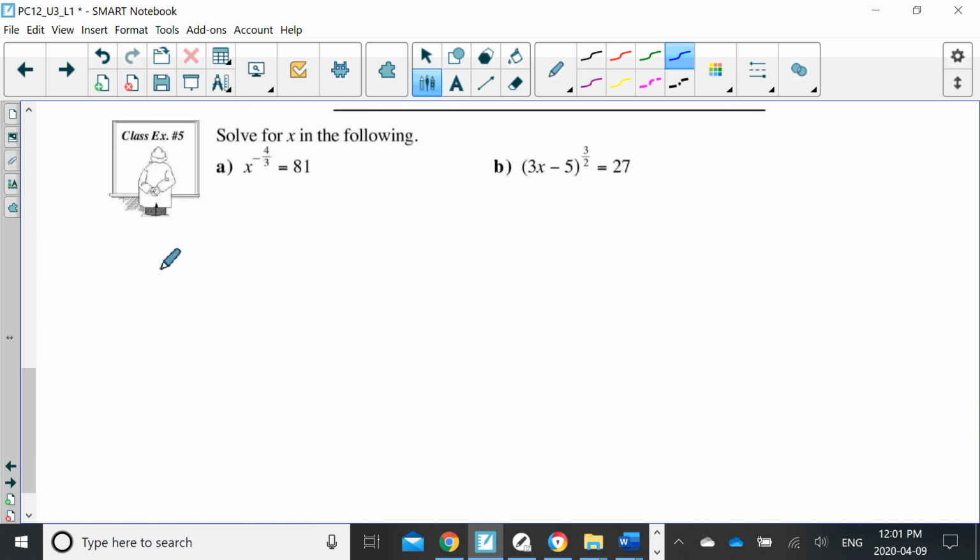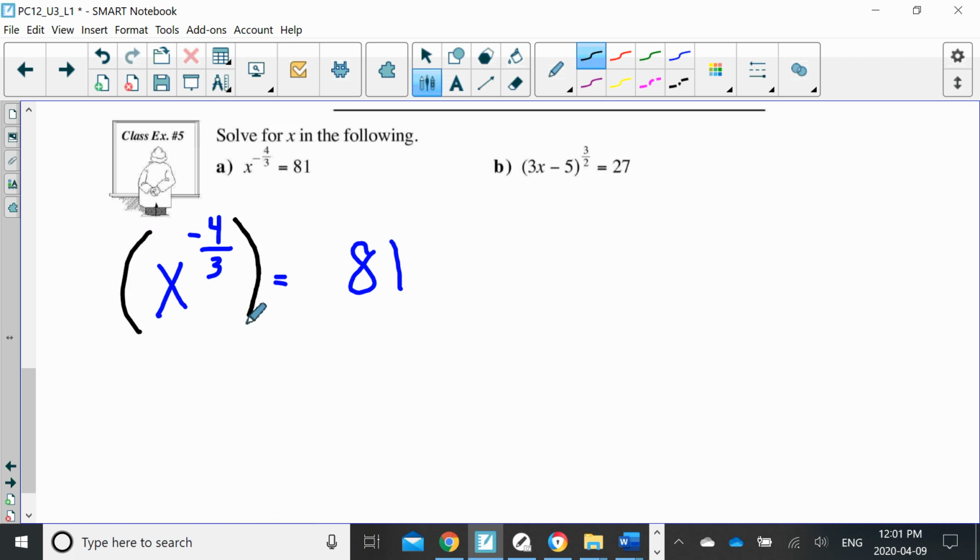Let's look at this example here. They give us x to the negative 4 over 3 is equal to 81. Ms. Newtell shows you a method from 10C, but what we could do is raise this power to the reciprocal of the exponent.